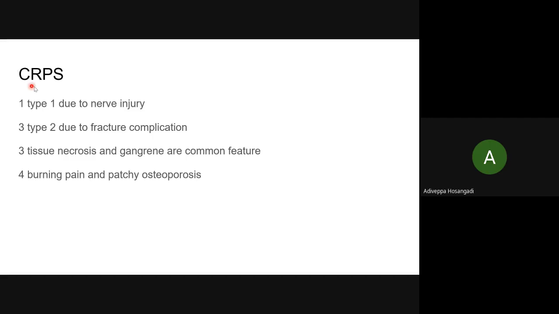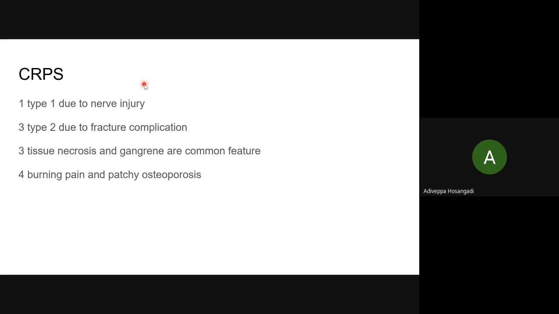So, there are two types. Type 1 is due to fracture. CRPS type 2 is called causalgia, due to nerve injury. Remember, there are two types, type 1 and type 2. In any amputation, there is a nerve injury. In any fracture, compound fracture, if there is a nerve which is impinged, it can cause severe pain.